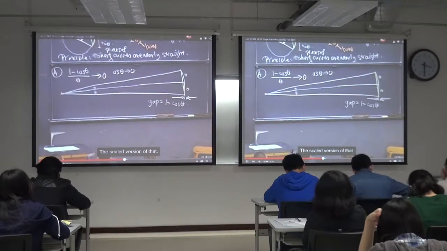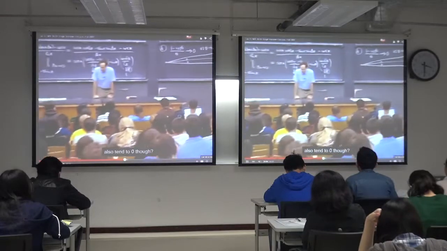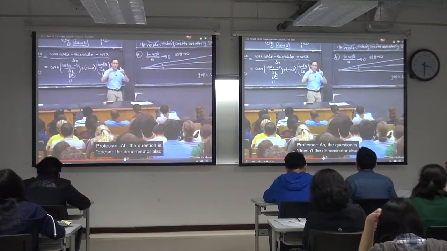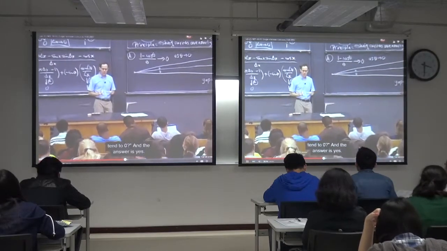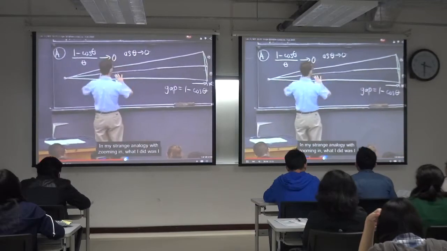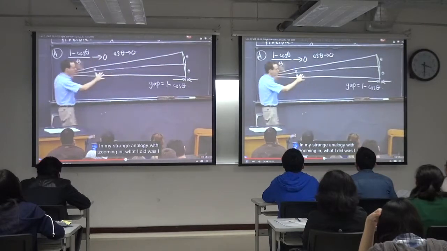Yes, question. The question is, doesn't the denominator also tend to 0? And the answer is yes. In my strange analogy with zooming in, what I did was zoom out the picture.